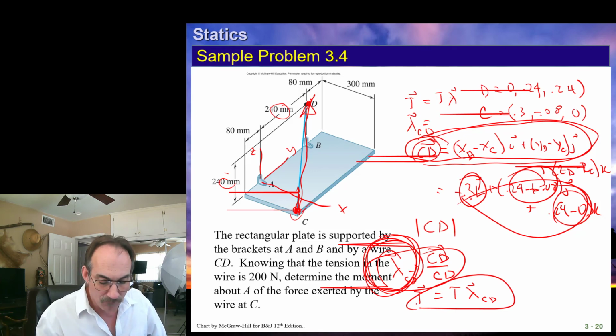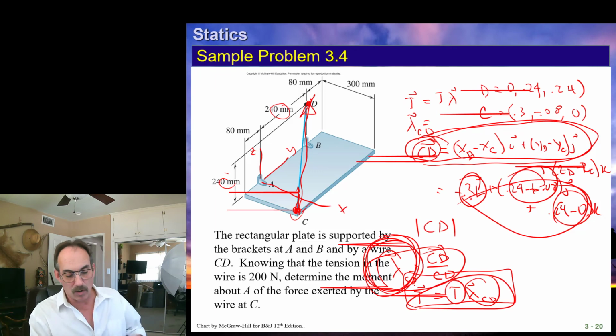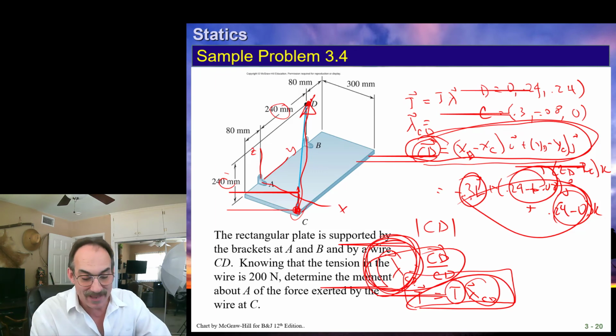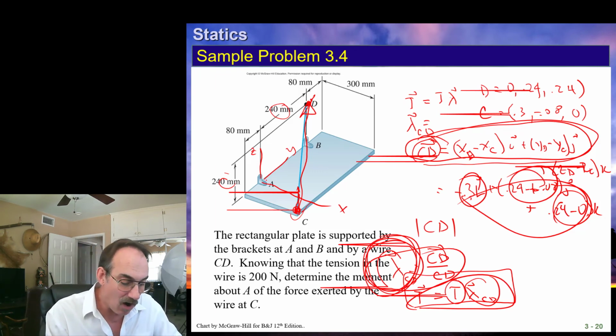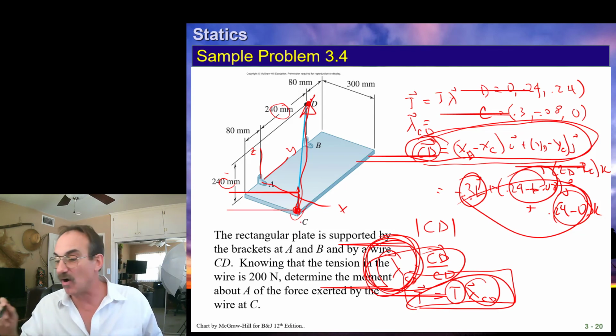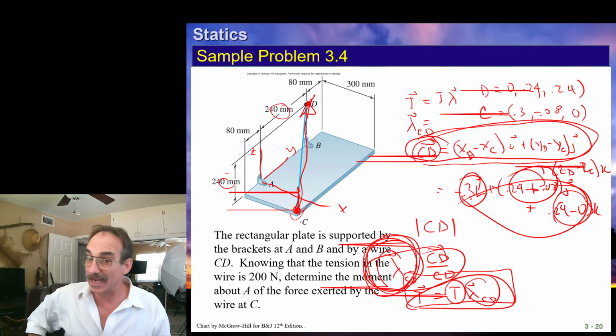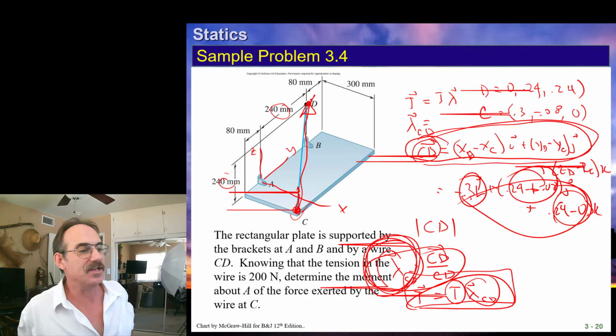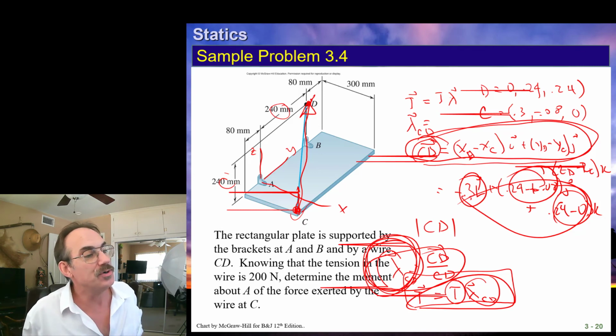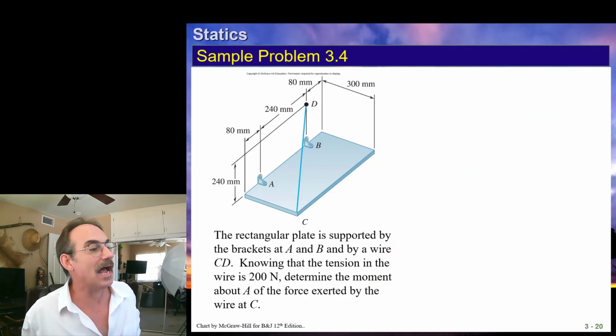The force is just that unit vector times the scalar force magnitude. And then we're ready. We've calculated the r already in our previous step, and we take r cross F with our second step, and now we're ready to solve this. So that shows you conceptually how we do all this.